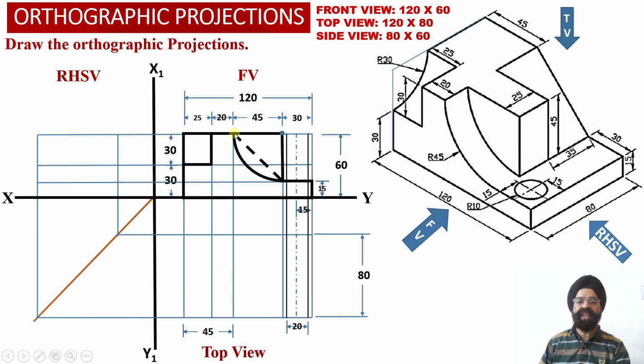And another thing we observe over here, corresponding to this inclined surface, the starting point we have already discussed, will be at a distance of 45 millimeter from the left hand side face at the top surface, and at the bottom it will be at a distance of 30 millimeter from the right hand side face, and at a height of 15 millimeter from the base.